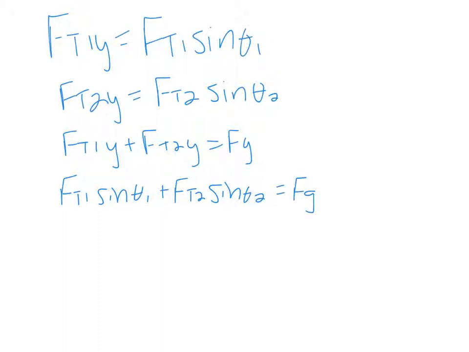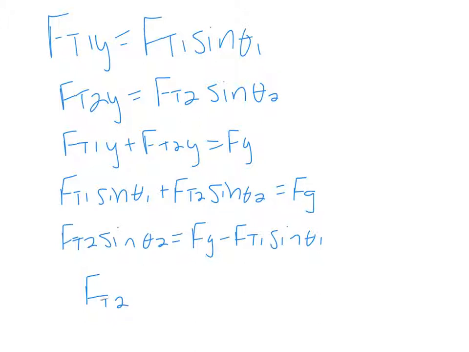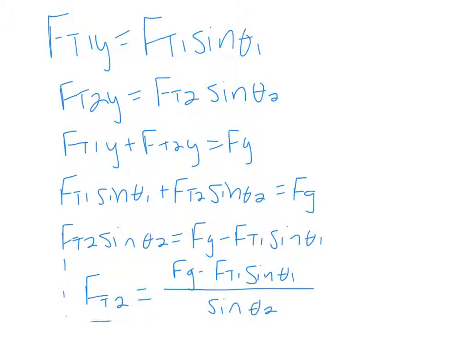Okay, so now I'm going to isolate Ft2. Ft2 sine theta 2 equals Fg minus Ft1 sine theta 1. Divide both sides by sine theta 2. So Ft2 equals Fg minus Ft1 sine theta 1 over sine theta 2. So here's our second equation with Ft2 isolated.